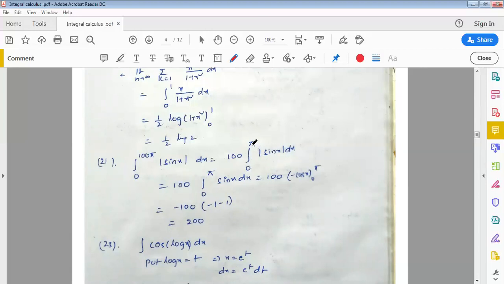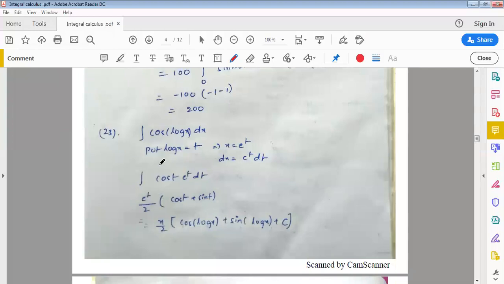Between 0 and pi, that is 0 to 180 degrees, sin x is positive, so mod sin x is nothing but sin x. After integrating sin x we get minus cos x between the limits 0 to pi. So minus 100 into, cos pi is minus 1, minus the lower limit cos 0 which is 1, so that we get 200.